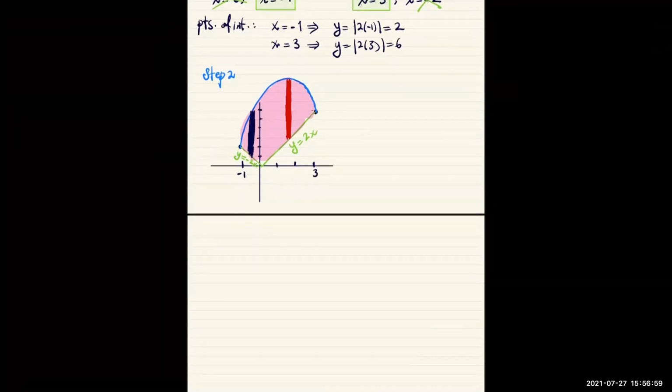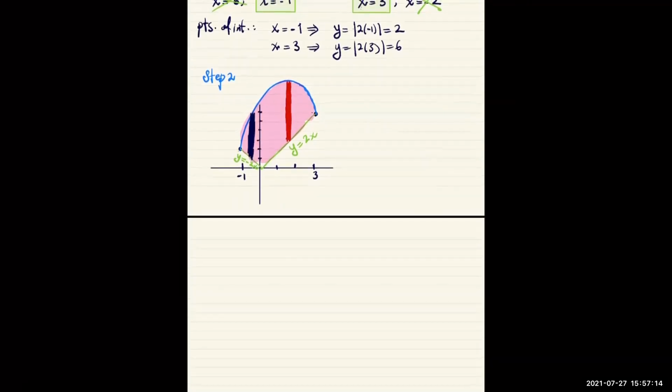One integral goes from -1 to 0 for that subregion, and then another integral from 0 to 3 for this subregion. I'm gonna use a different color here. So call this region R1 and call this one, the pink one, R2.